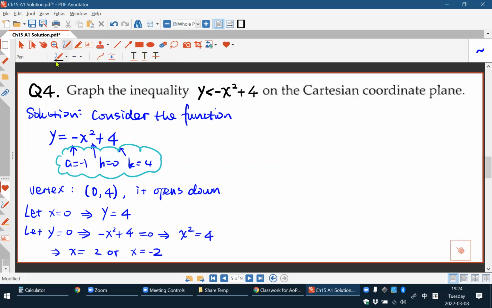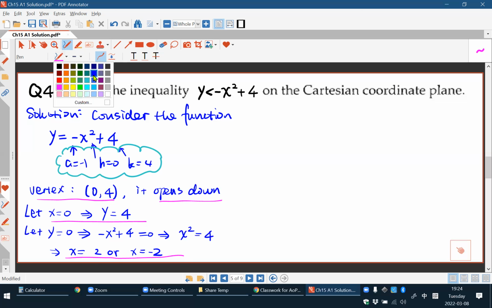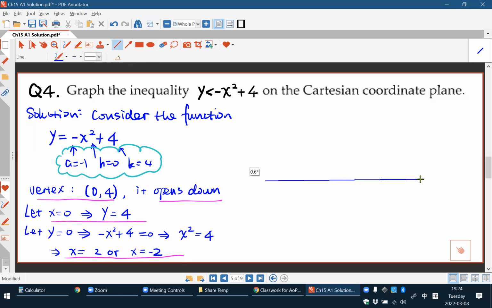Okay, now we have gathered all the information. First, the vertex is (0, 4). It opens down. This is the y-intercept and these are the x-intercepts. Then we can sketch the graph of this function. Okay, this is the y-axis, x-axis.